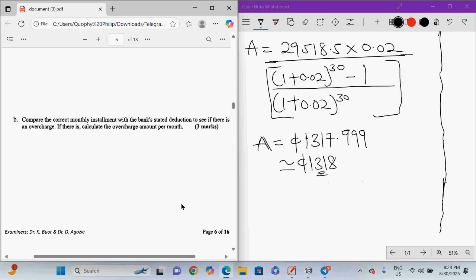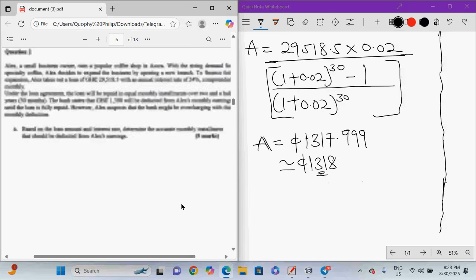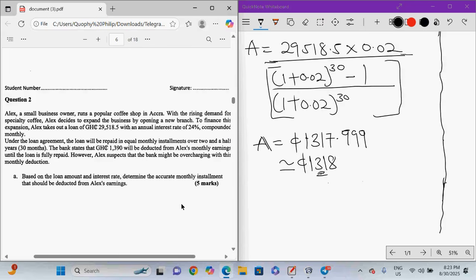Okay, so the reader should continue. Compare the correct monthly installments with the bank's stated deduction to see if there is an overcharge. If there is, calculate the overcharge amount per month. From the question, we are told that the bank states that 1,390 will be deducted from our next monthly installment until the loan is fully paid.